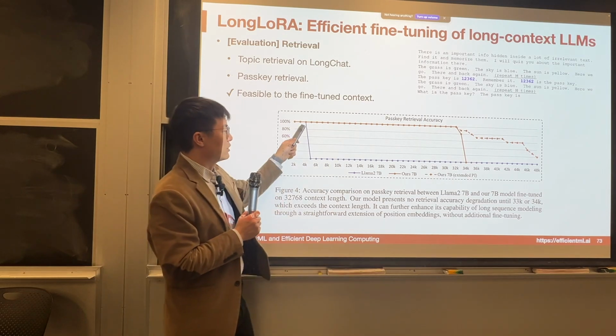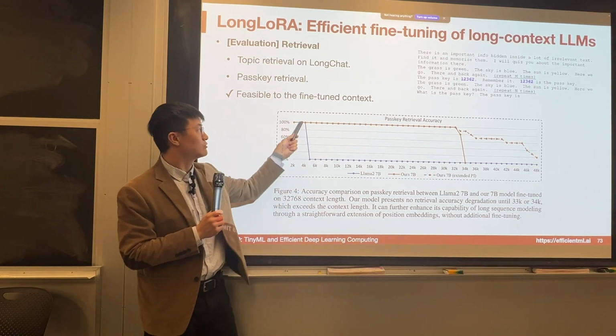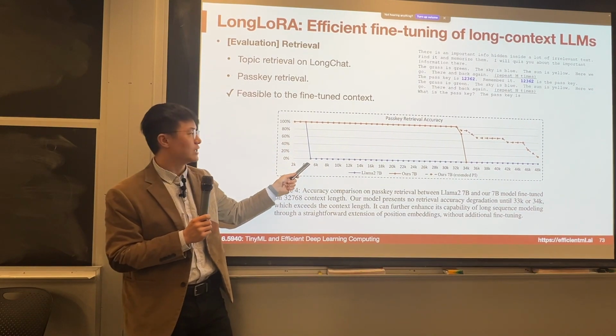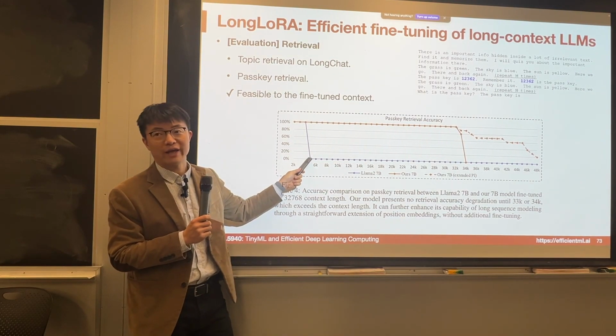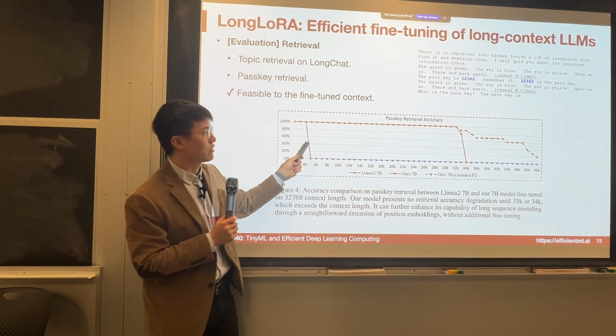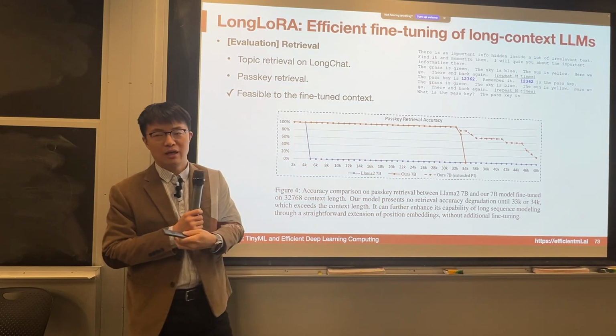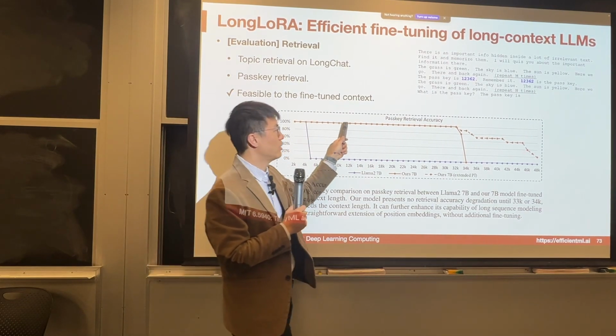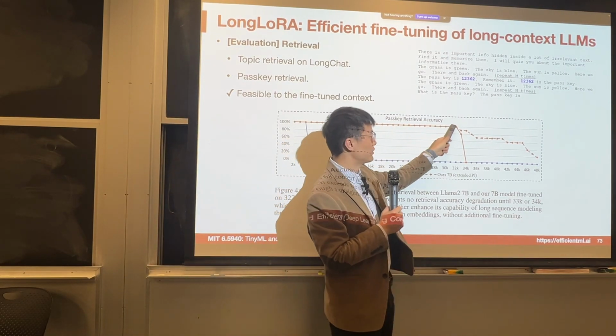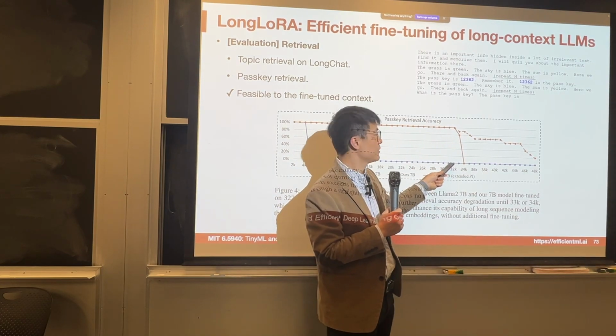The accuracy for Llama 2 7B begins to degrade from 100% to 0% after around 5K context length. But ours, LongLoRA, can maintain the passkey retrieval accuracy up to 32K.